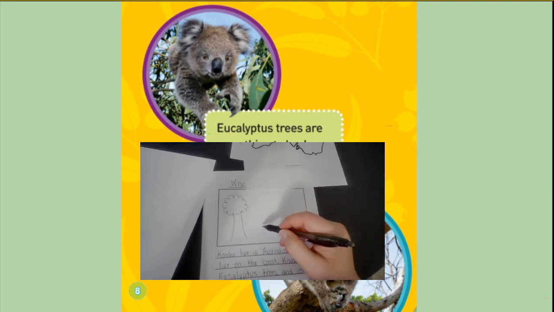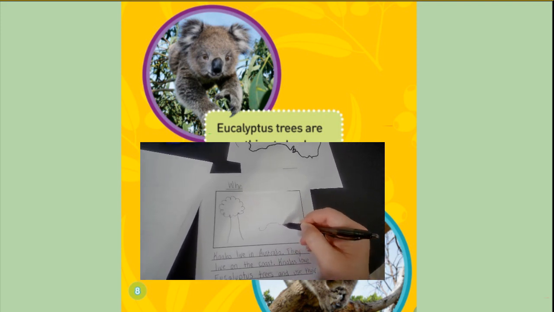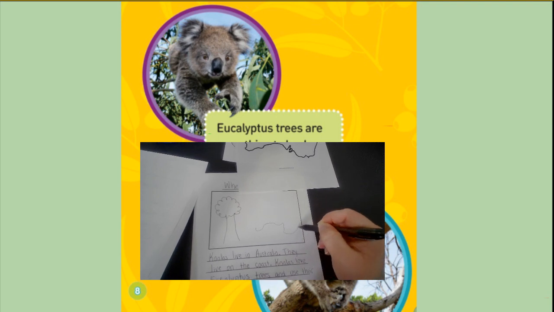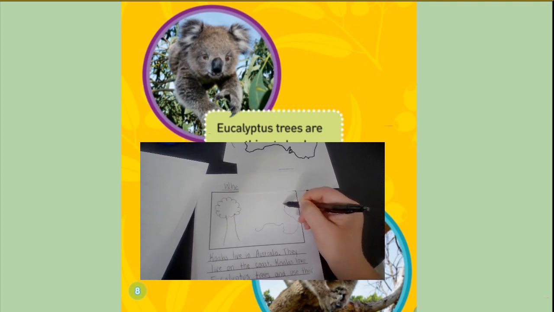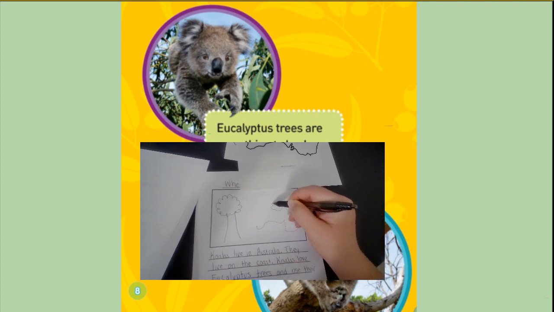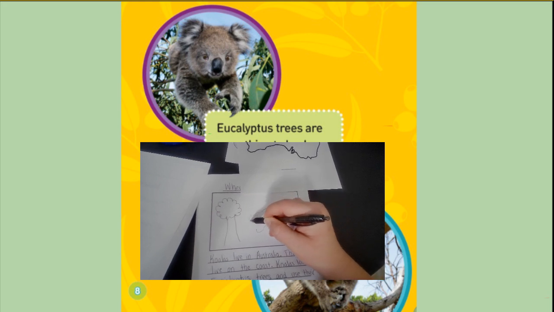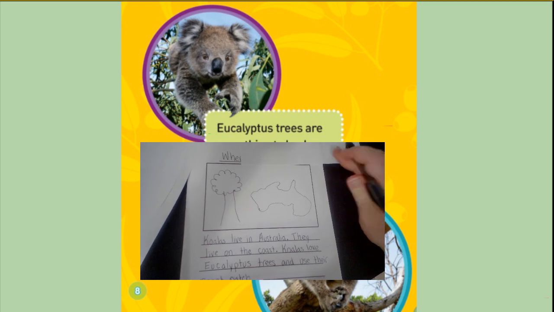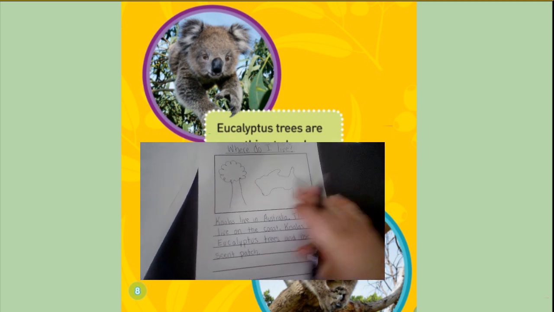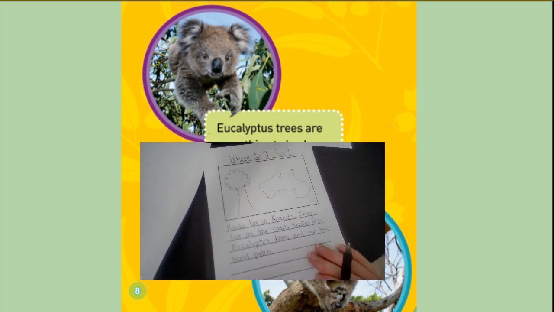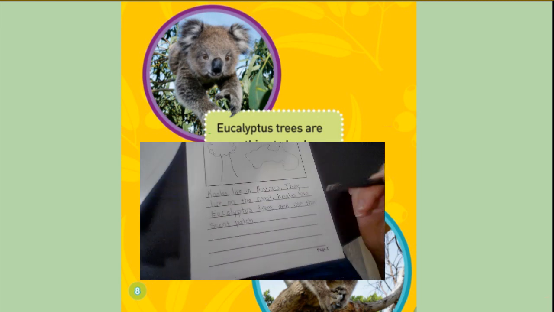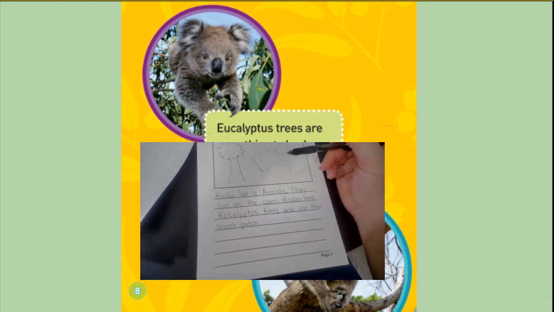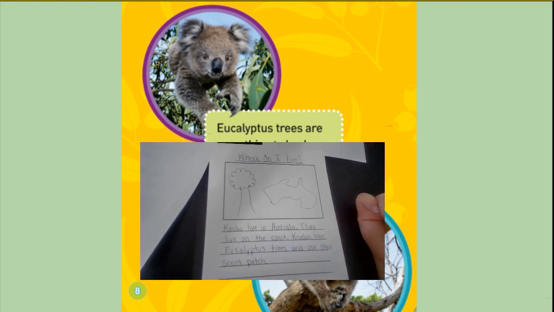So it kind of has like a, Miss Nielsen's not the best at drawing, but that is okay. We're just going to try our best. There's Australia. Okay, and then if you want to color it, you can go through and color your tree too. And Australia. And if there's anything else that you want to draw, go ahead and draw about where a koala lives.